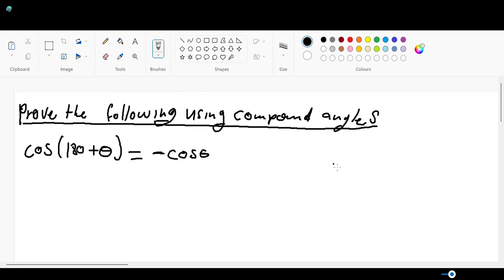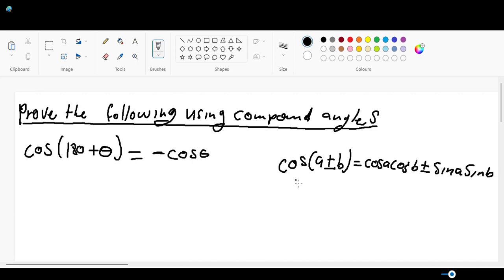So the cos formula for compound, what is it? I will write it here on the left. It's cos(A plus or minus B) equals cos A cos B minus or plus sine A sine B. I explained this in a previous video, in part 1 of this playlist.